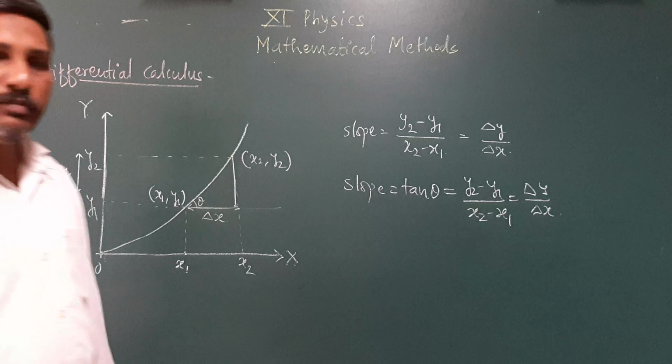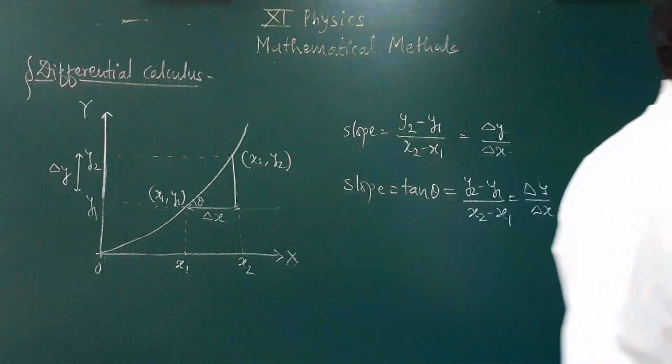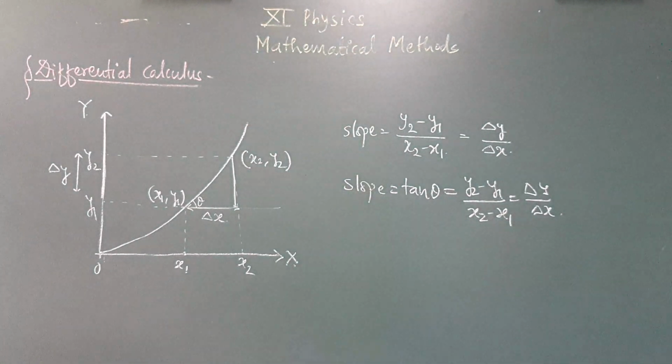So it is very simple. Slope is nothing but tan of theta. In a number of examples, we require the value of the slope, and to calculate it we do not require the formula y2 minus y1 upon x2 minus x1 or delta y by delta x. We simply require the formula that slope is tan of theta.